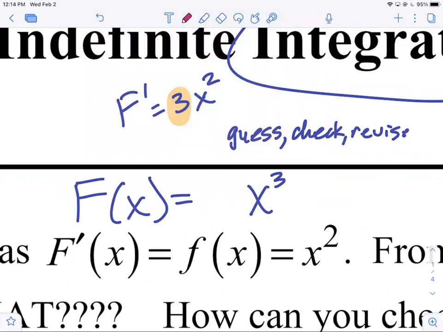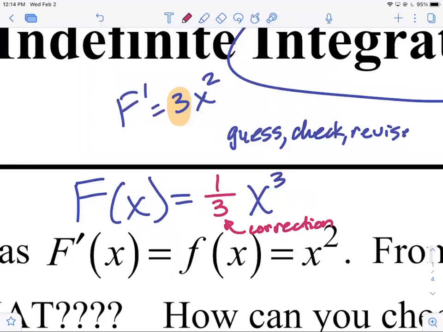Well, how do we neutralize an unwanted 3? We put its reciprocal there. Yeah, 1/3. This is what I call a correction. It's really going to be part of what's known as the power rule for integration or anti-differentiation. We have an unwanted 3, so we put this correction of its reciprocal.